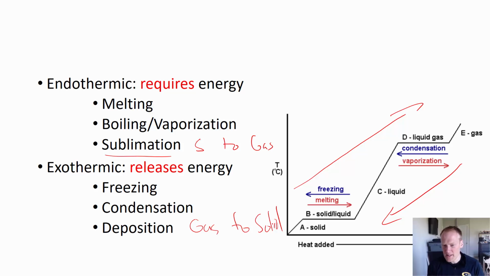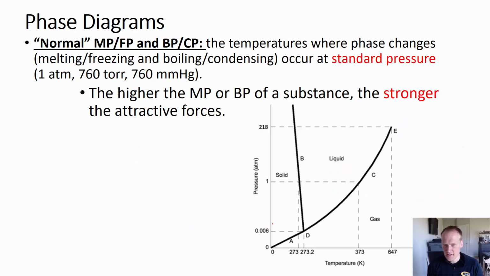What we've learned at this point in this section, with gases and liquids and solids, is that phase changes can occur not just with temperature change, but also with pressure change. So when we say melting point or boiling point, we are talking specifically about standard temperature or standard pressure.